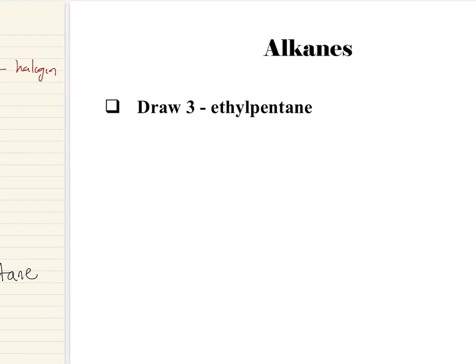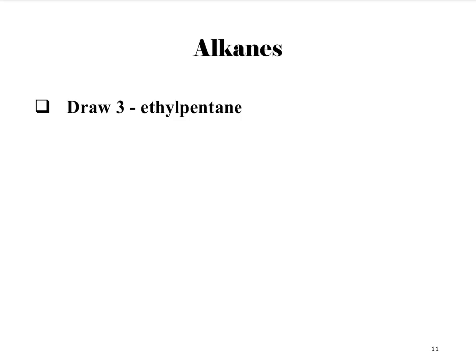Okay, so see if you guys can draw 3-ethylpentane. This is our parent or main chain, and that's 5 carbons, so it's going to be 1, 2, 3, 4, 5, right?